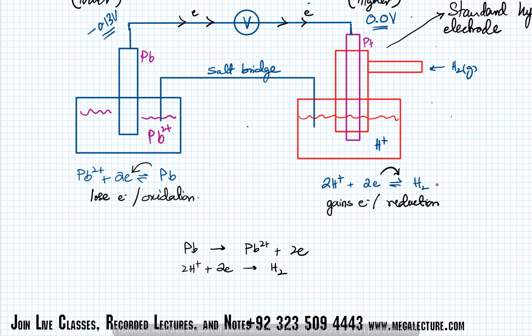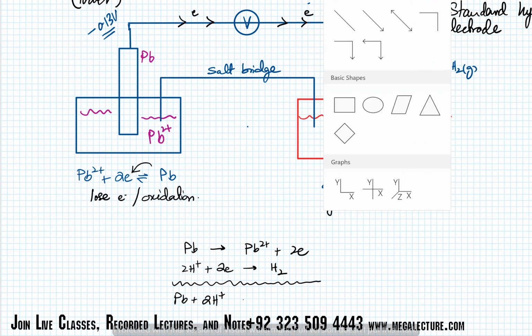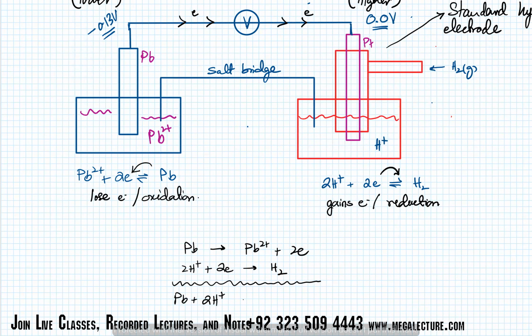You can now add them up, but make sure the electrons gained and lost are equal. So the left side, the reactants, is lead plus 2H plus. And your products in the two reactions are lead ions getting formed, and you get H2 gas.